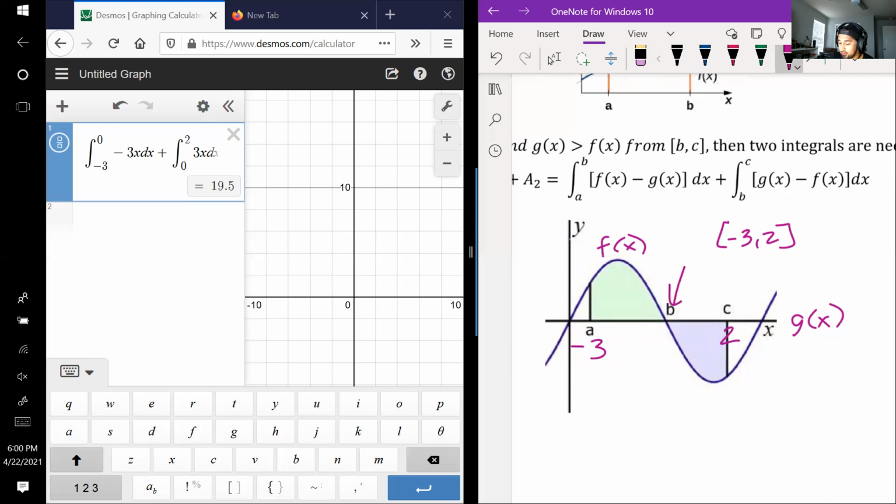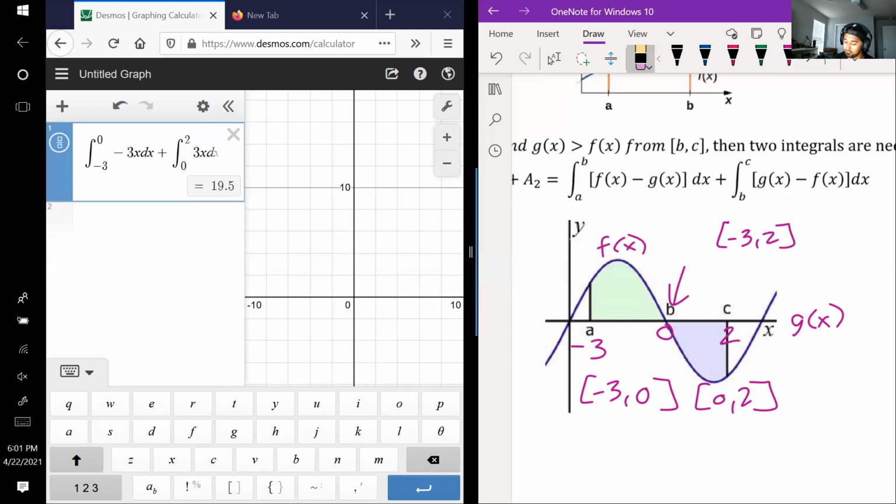But now we have a value in between where it changes from f of x being greater than g of x to where g of x is now greater than f of x. So this was considered our 0. Now it's broken into multiple intervals. So this would be from -3 to 0 and then 0 to 2. That's it.